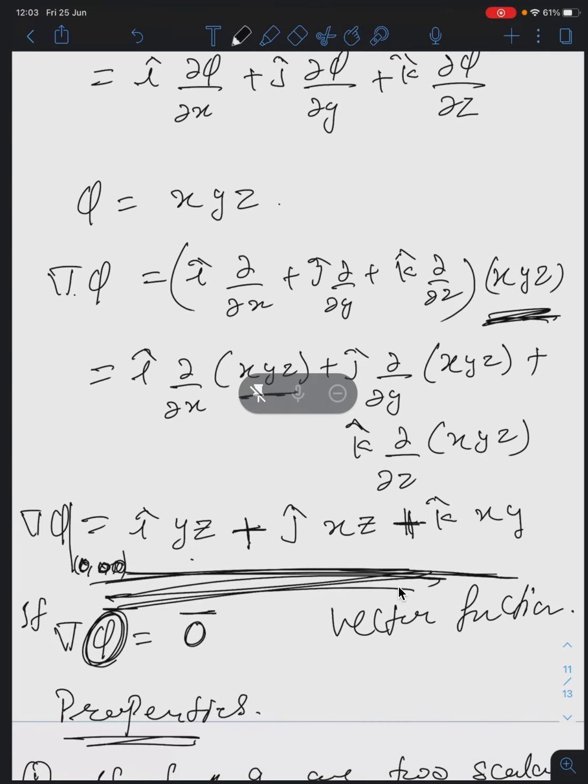This is only possible when phi is a constant function.